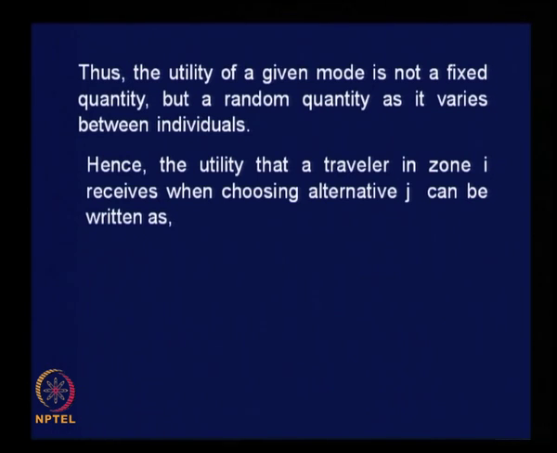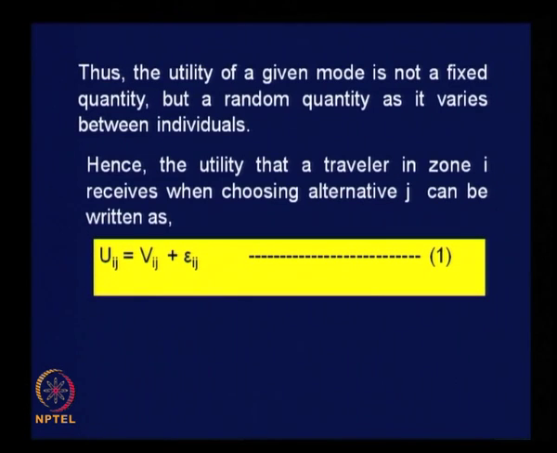This situation can be explained like this: Uij, the utility of mode J for a traveler living in zone I, is equal to Vij plus epsilon ij. Vij is known to us. Vij is nothing but the utility function about which we talked for quite some time, isn't it? We know what we mean by Vij. The Vij value is obtained by calibrating a utility function involving the attributes of the alternative modes.